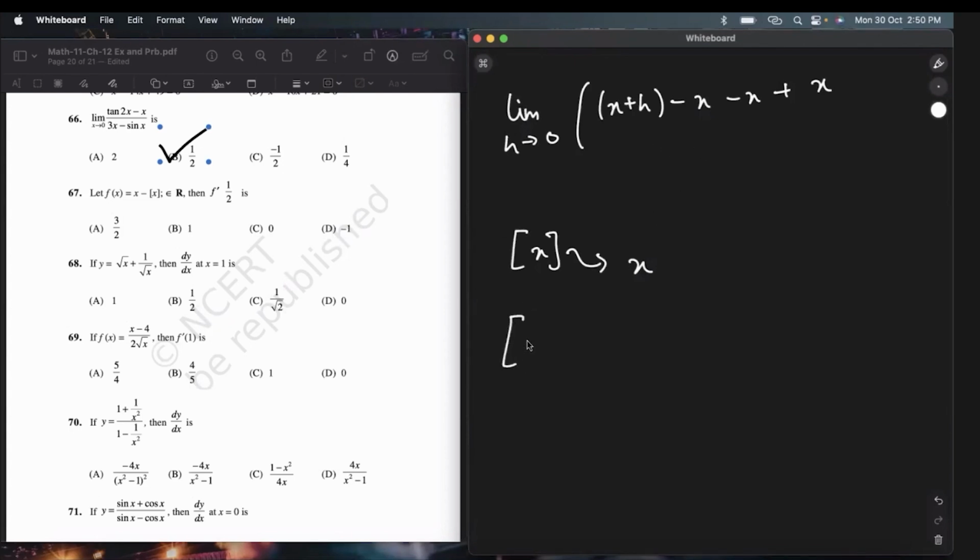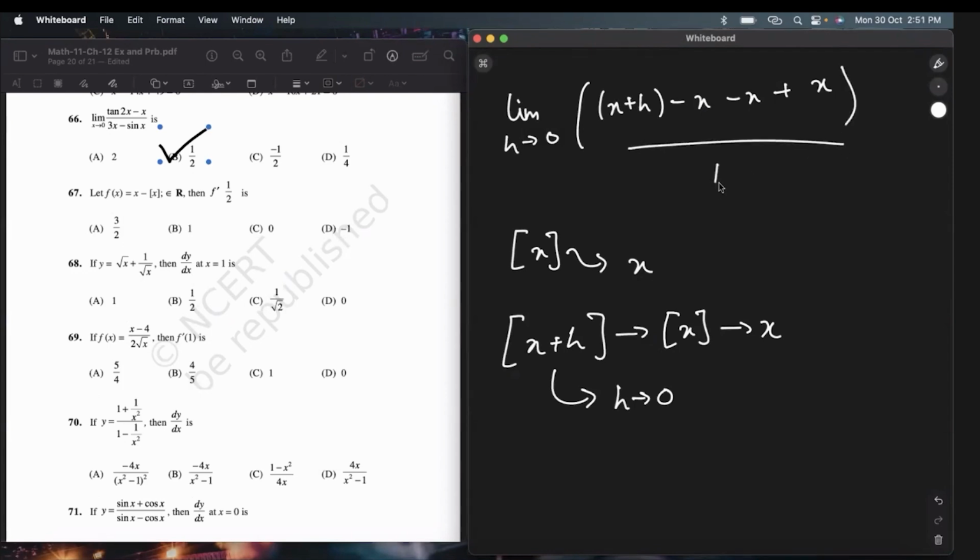And similarly for GIF of x plus h, see what I was about to tell you, that when h will tend to 0, then this will tend to what? GIF of x. And I'm supposing that x is an integer in itself, so it will return a value of x, right? So GIF of x plus h returns a value of x. So x plus h bracket minus x on it, and this is the GIF part. And the whole thing in here has been divided by h. Alright. So let's just simplify it now.